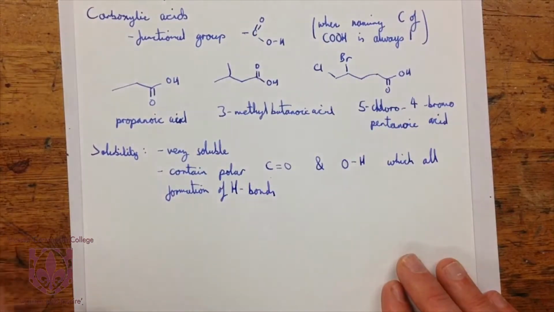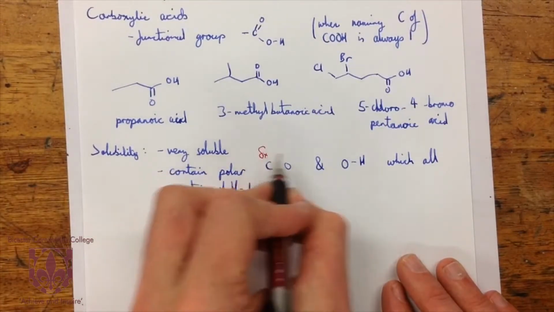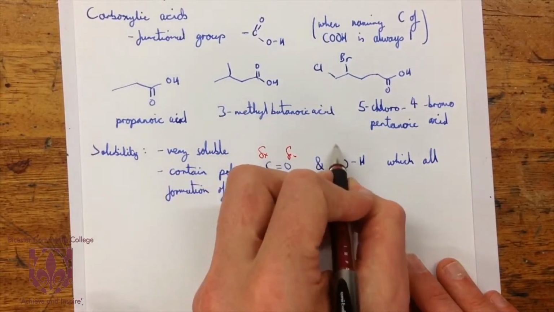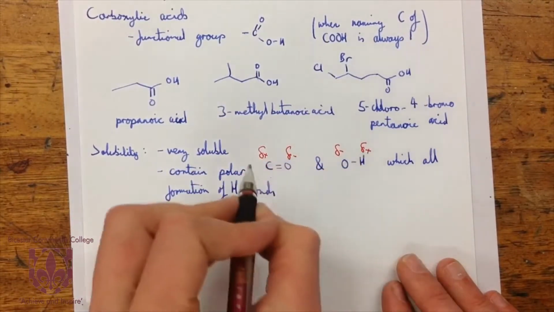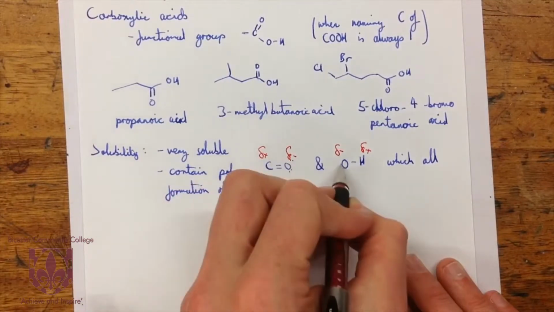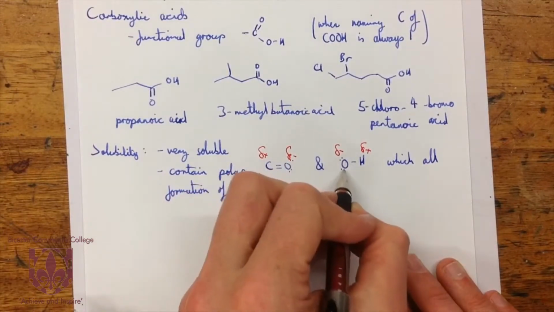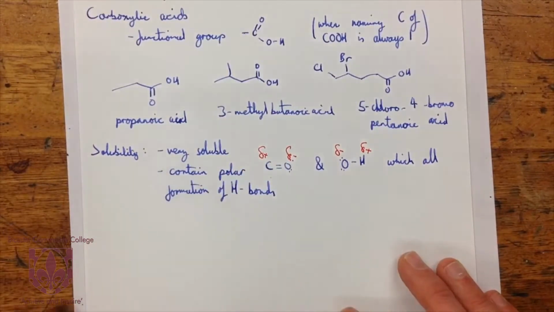So I'll just label up some dipoles there, delta minus and then delta plus. And we've got some lone pairs as well, we might add. So we get lots of hydrogen bonds.